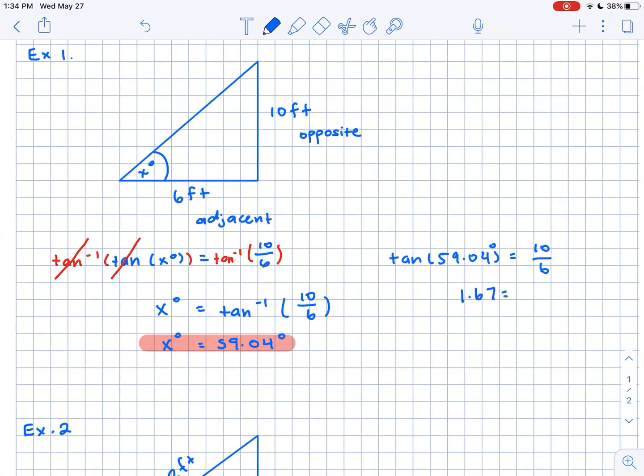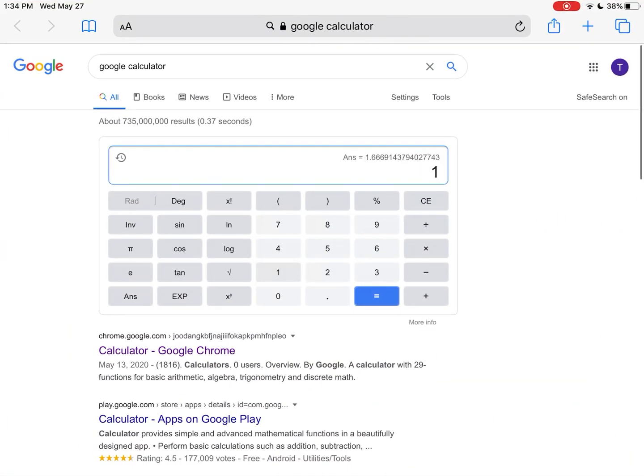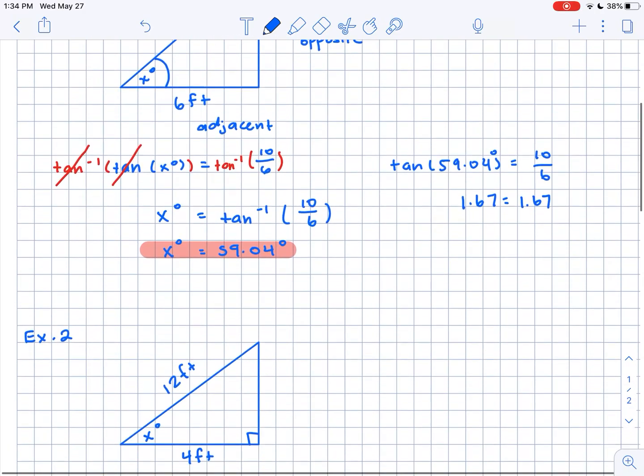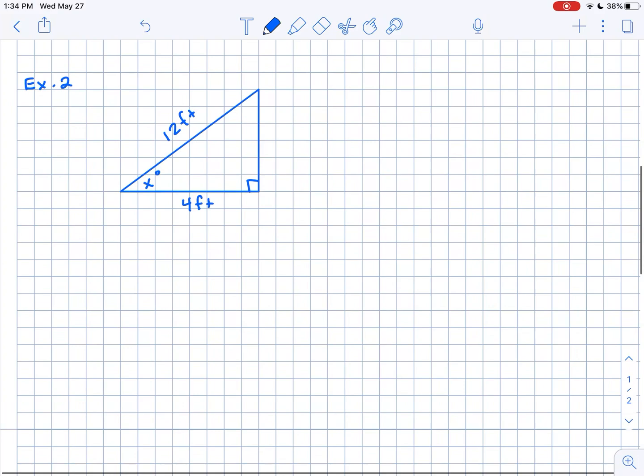Let's round. And 10 divided by 6 is 1.67.